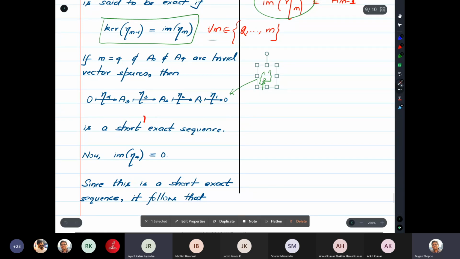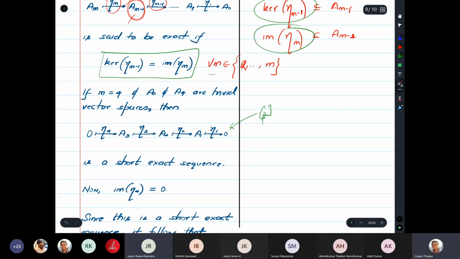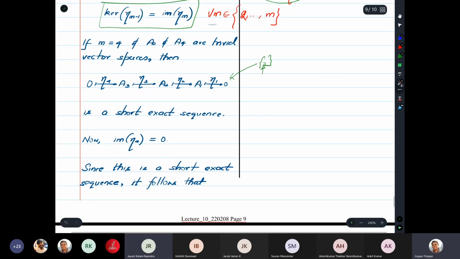It is short in the sense that there are only 5 vector spaces, and the first and the last one are trivial, and the exact part means that the kernel and the image of successive maps satisfy this relationship over here.